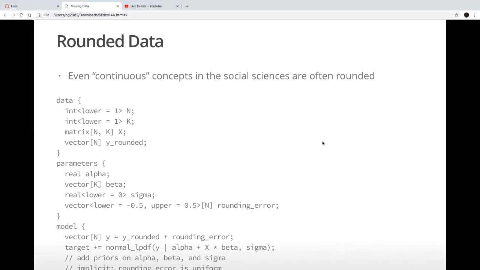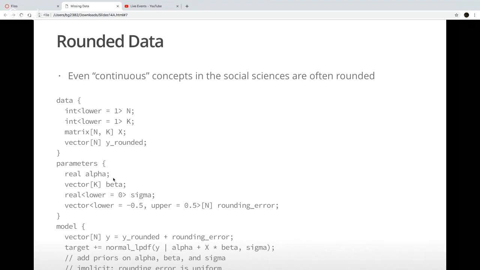So here we're going to think about data that have been rounded to the nearest integer. So we have n, we have k, which is the number of columns of x. In general, doing regressions, we want to declare x as a matrix instead of assuming there's just 1 or 2 predictors. And then we have what we observe, which is the version of y rounded to the nearest integer.